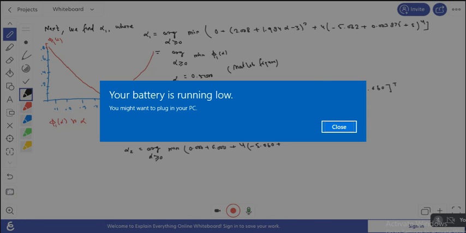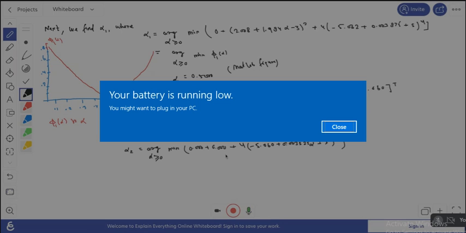If we try to solve this, 0.003525 alpha plus 5, transpose, to the power 4.